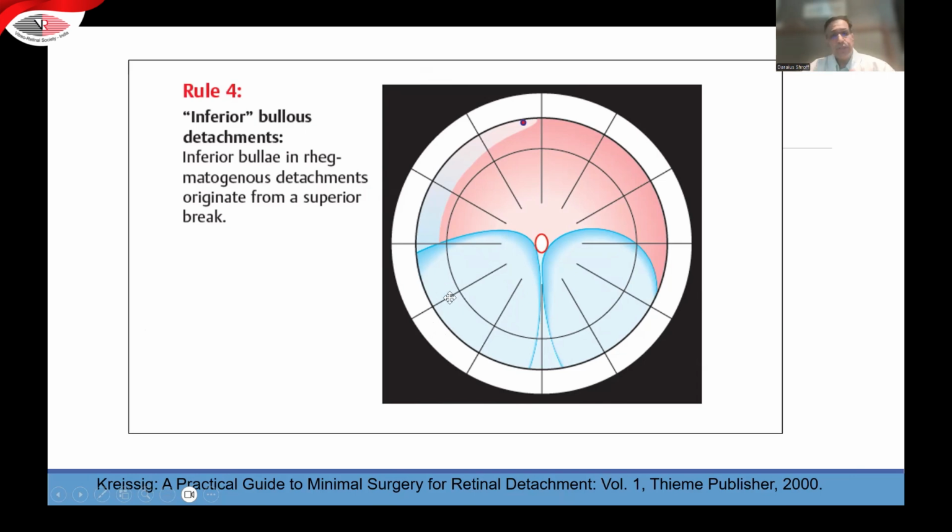Sometimes even changing the position of the head may help the fluid to gravitate on this side. Supposing it's a nasal opening and you put the patient down nasally, the fluid may gravitate here, and once the fluid comes around the break, you'll see it opening up. So what is very important is spending a lot of time doing the initial examination of this patient. Don't be in a hurry, because finding the break is really the key to a good surgery.